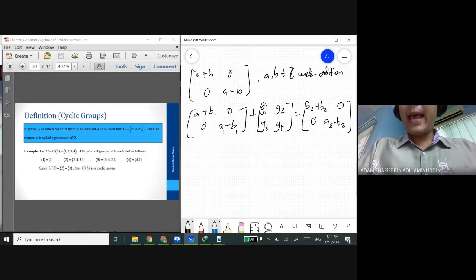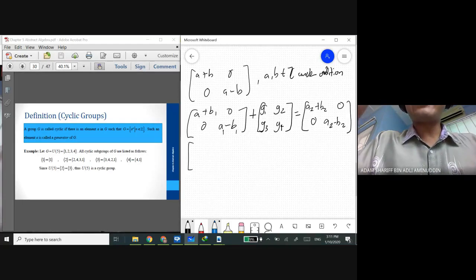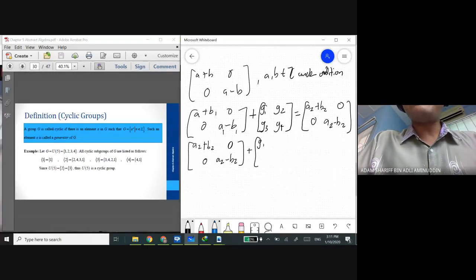And then after that, using the second matrix A2 plus B2, 0, 0, A2 minus B2, you add up with the same generator, it will produce another element.